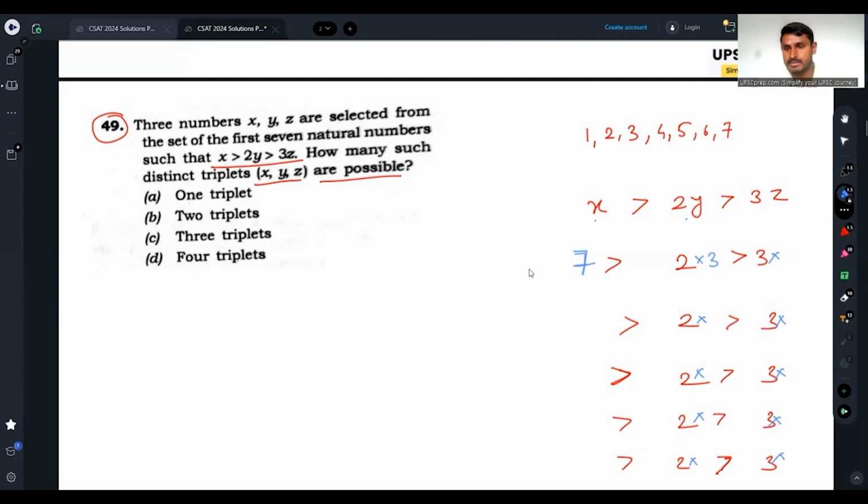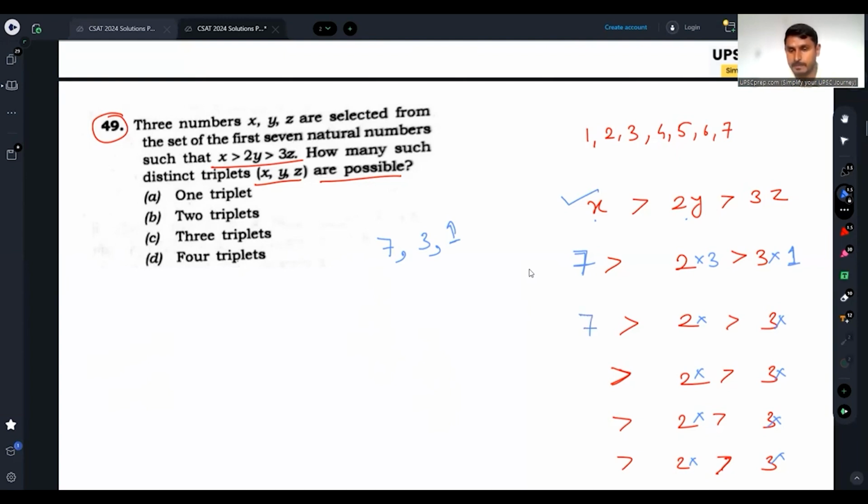And if I take the value of z as 1, this is the first triplet I am getting: x as 7, y as 3, and z as 1. So 7 is greater than 6, which is greater than 3, so we are satisfying this inequality. Then what is the second value? I can keep x at 7.